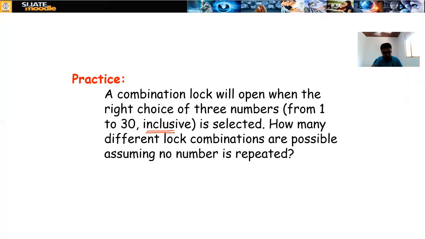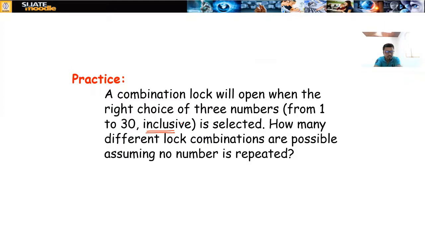Is it talking about permutations or combinations?